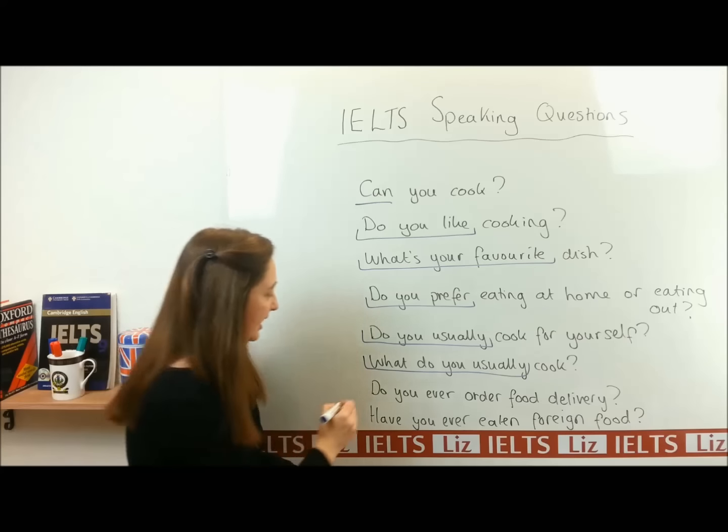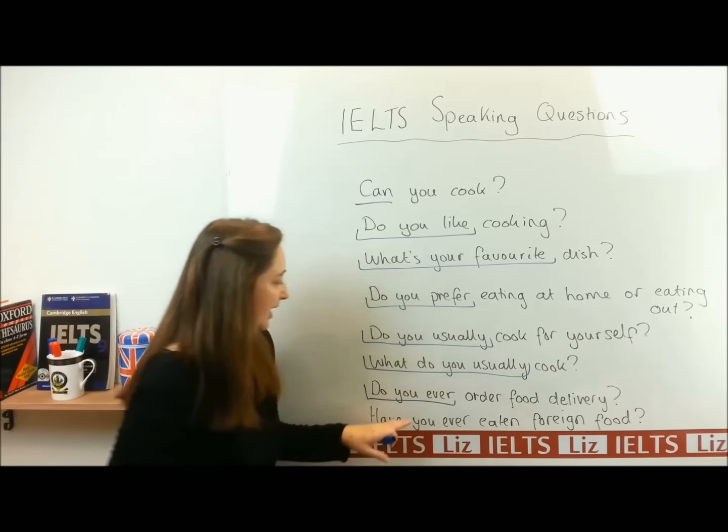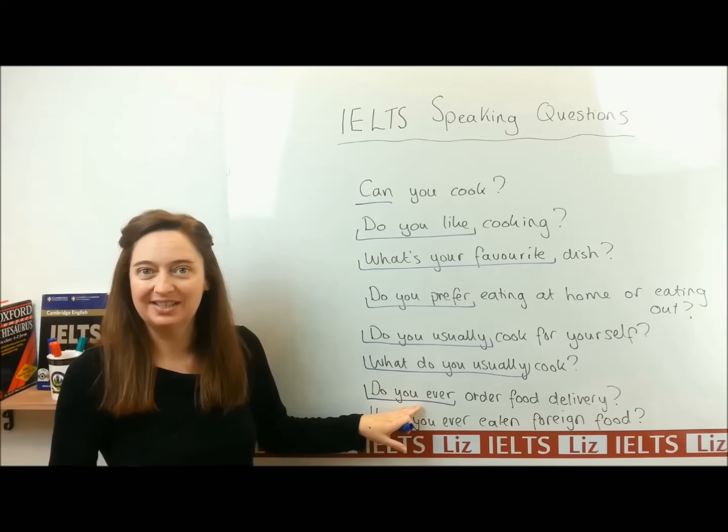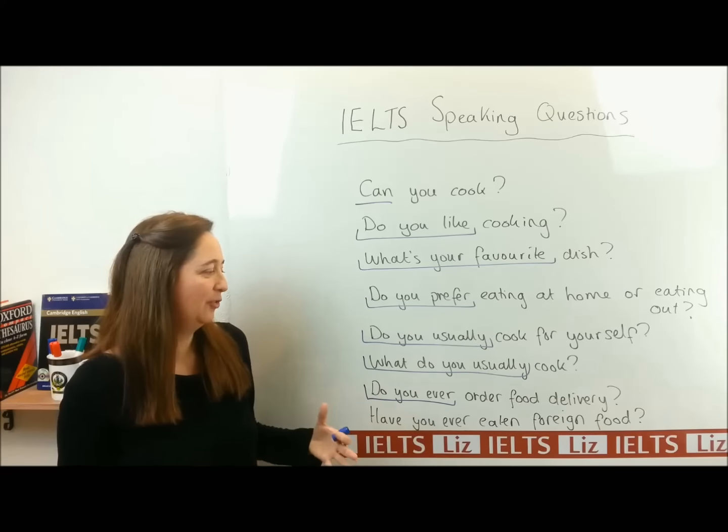The next one is a do you ever? And this is in the present tense, so this is now. So do you ever order food delivery? And you need to say yes or no, and then explain why, or give some more examples. And the next one is have you ever? With this question, this is actually a past tense question.